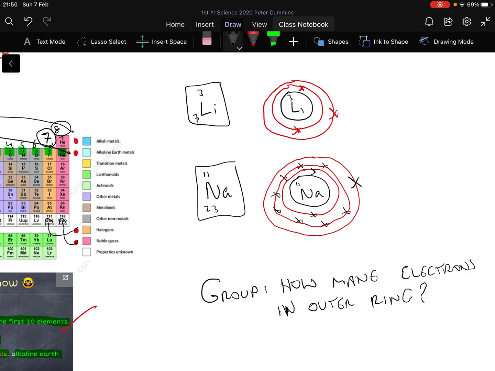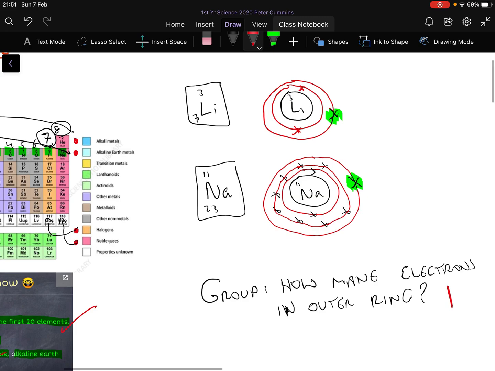So how many electrons has lithium got in its outer ring? It has 1, doesn't it? How many electrons has sodium got in its outer ring? It has 1. So they both have 1 electron in their outer ring. So they're both going to be in group 1.